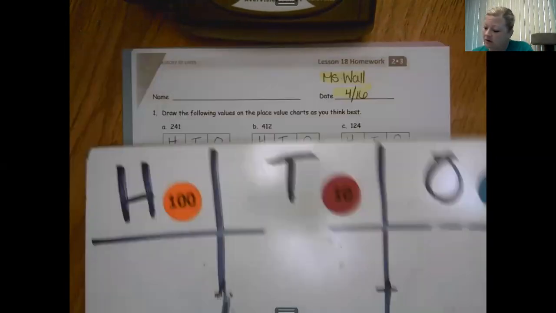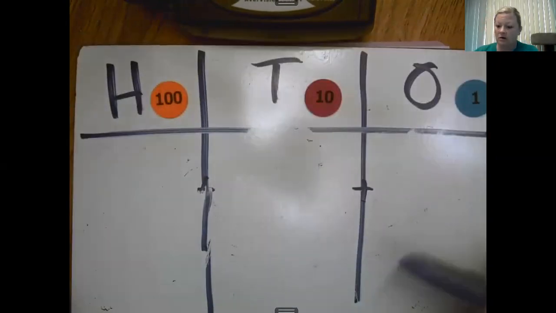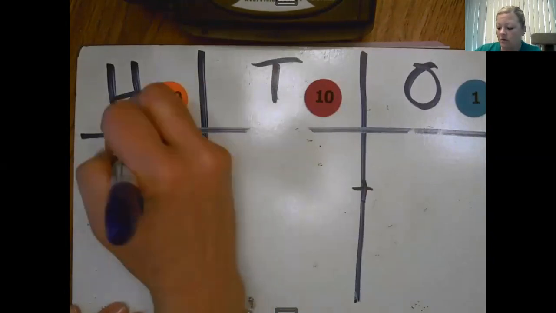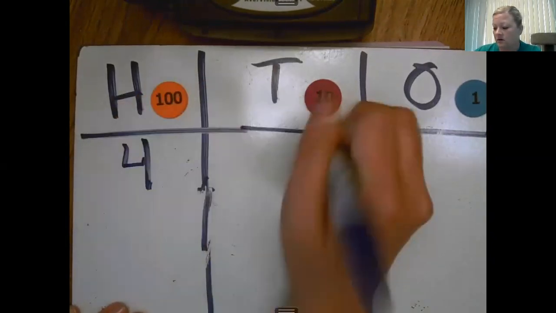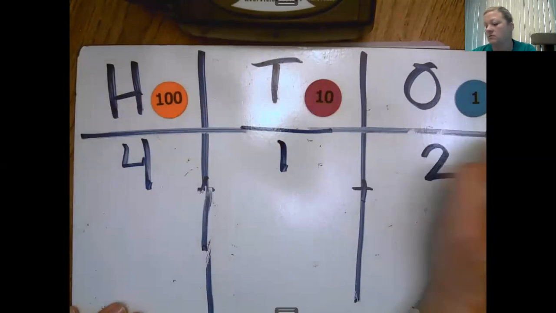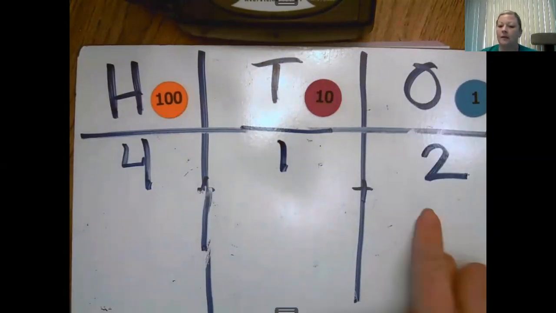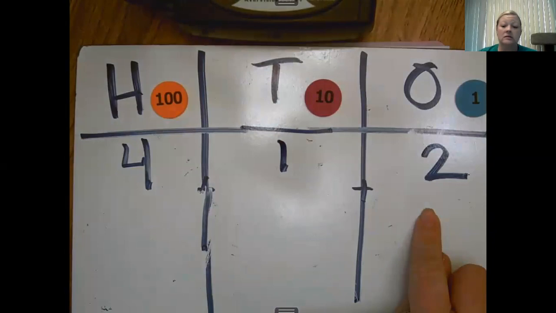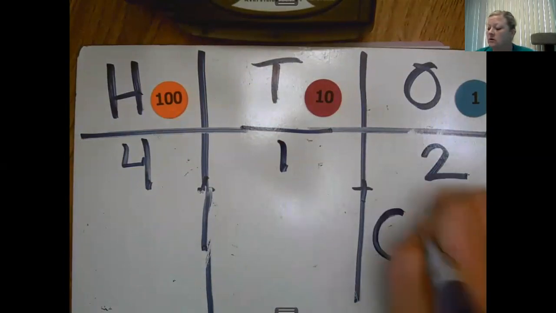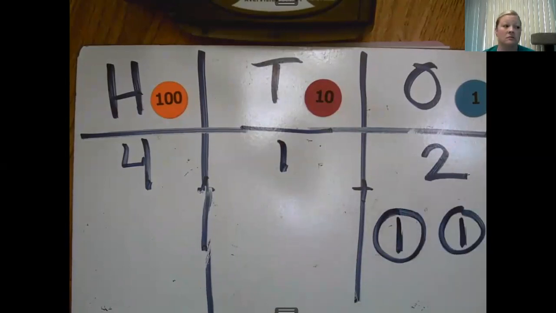All right. And let's see what our number is. 412. All right. My ones place. This is telling us we have 2 ones. So I'm going to draw my 2 ones. And I know some of you are going to say, ooh, they look like eyes.